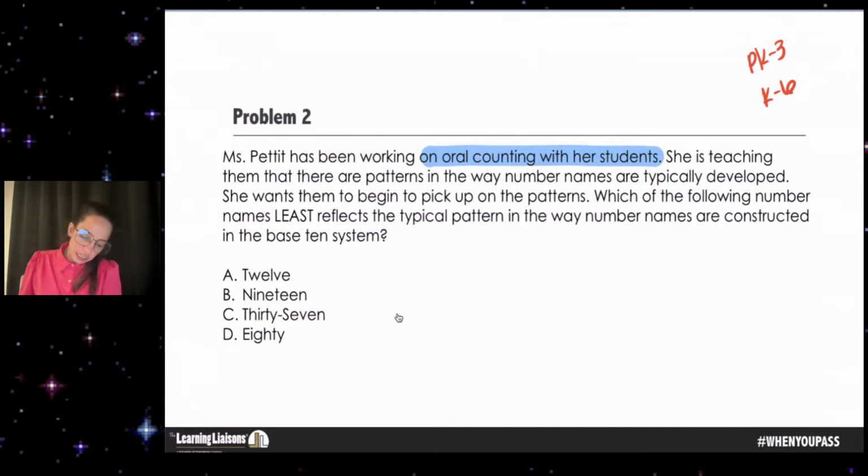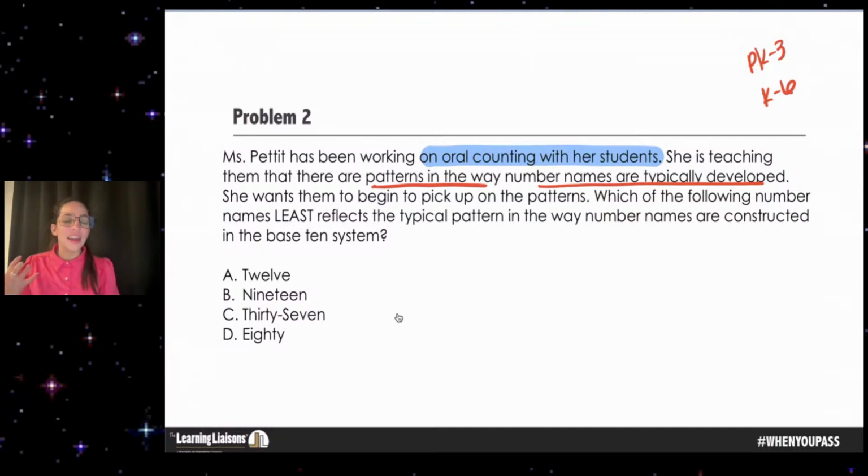She is teaching them that there are patterns in the way that number names are typically developed. She wants them to begin to pick up on those patterns. However, we all know the English language is not necessarily following a pattern.